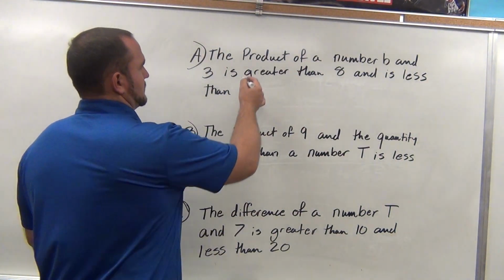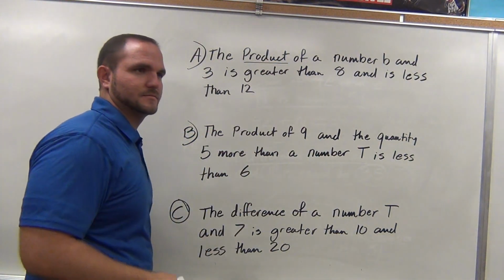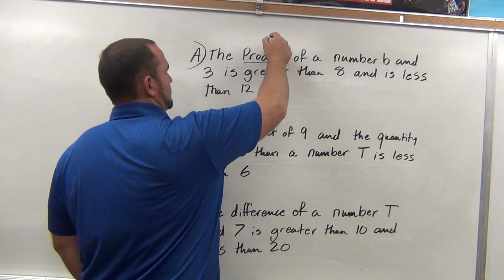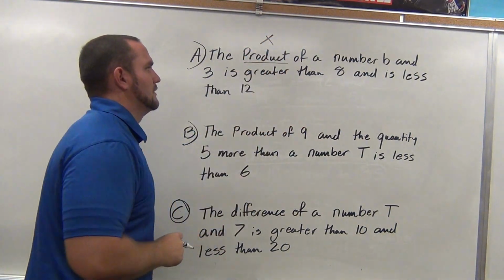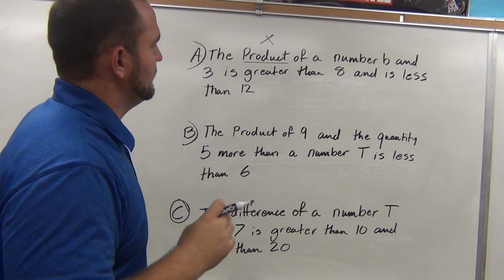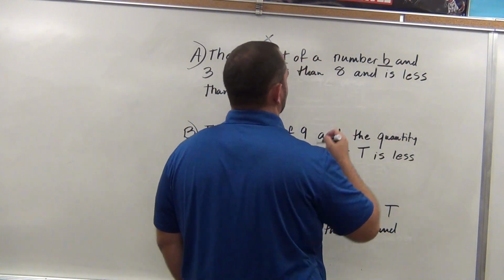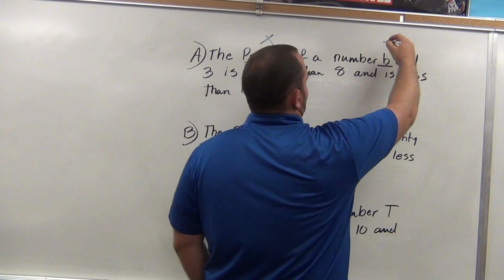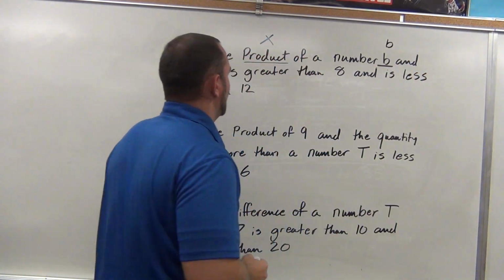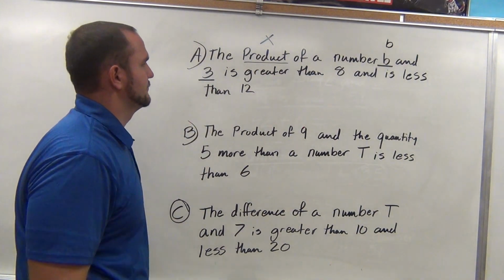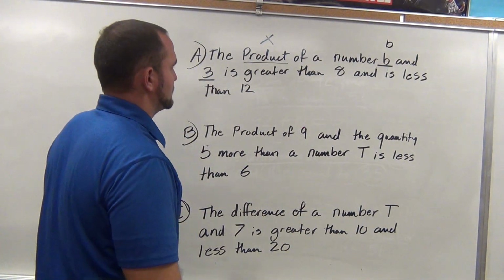So the product. What is the product? So multiplication. Of a number B, so we have our variable of B, and 3. Okay. So is greater than.